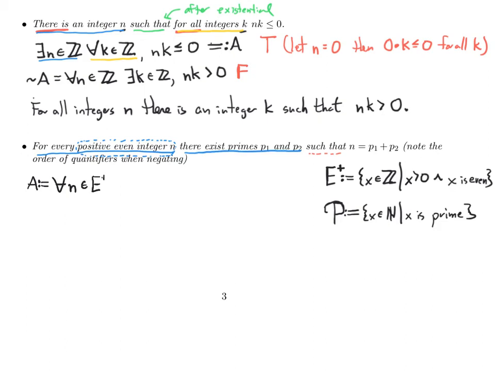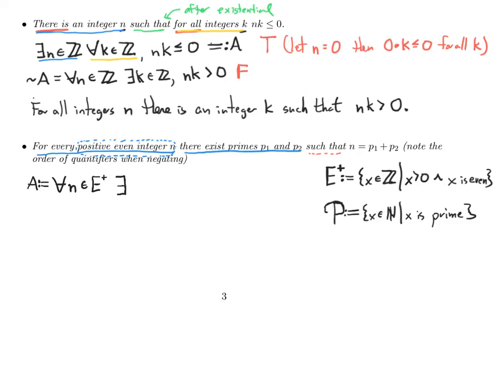So for all n that is a positive even integer, so it's a member of the set that we defined, E plus, there exist primes p1 and p2. There's kind of two ways to write this. I'll write it out the long way first, and then I can talk about another way that some people write it.